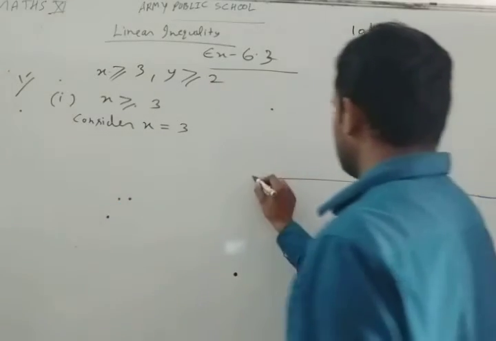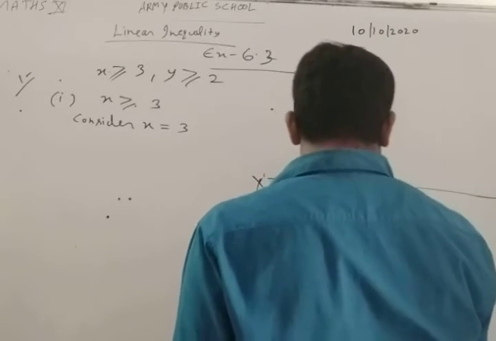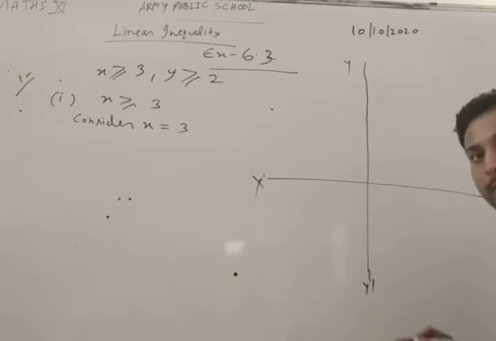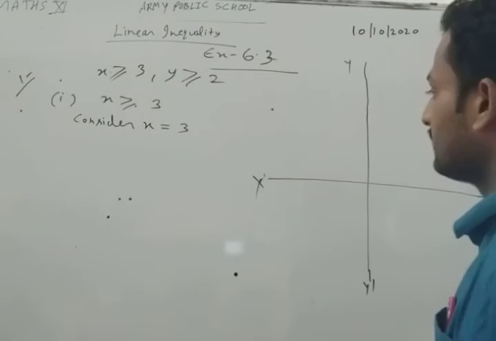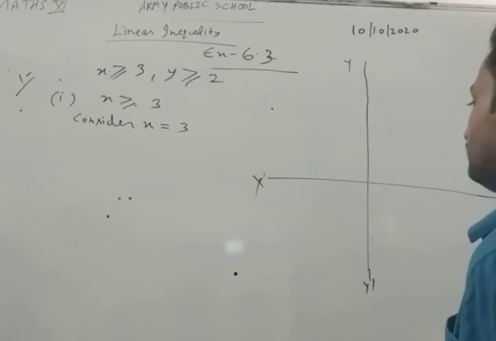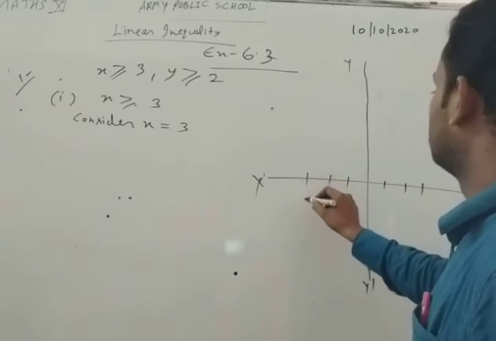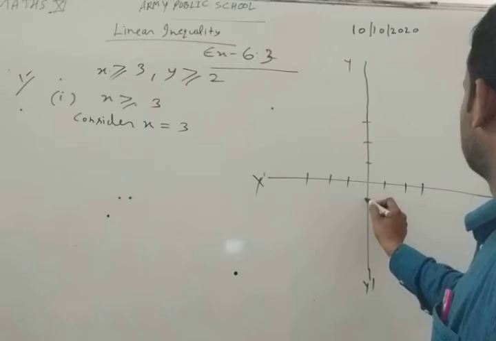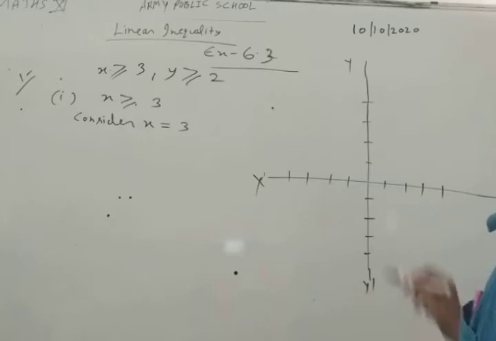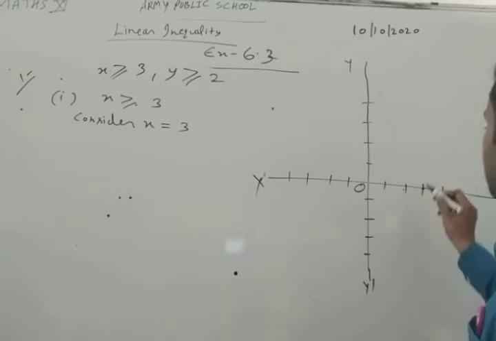This is x dash, y, y dash. Now x is equal to 3 is 1, 2, 3. Here, this is x is equal to 3.